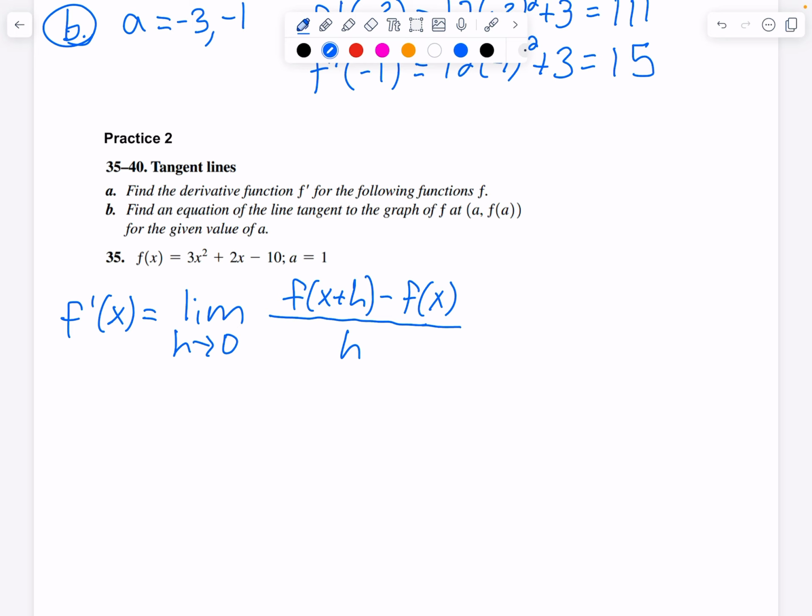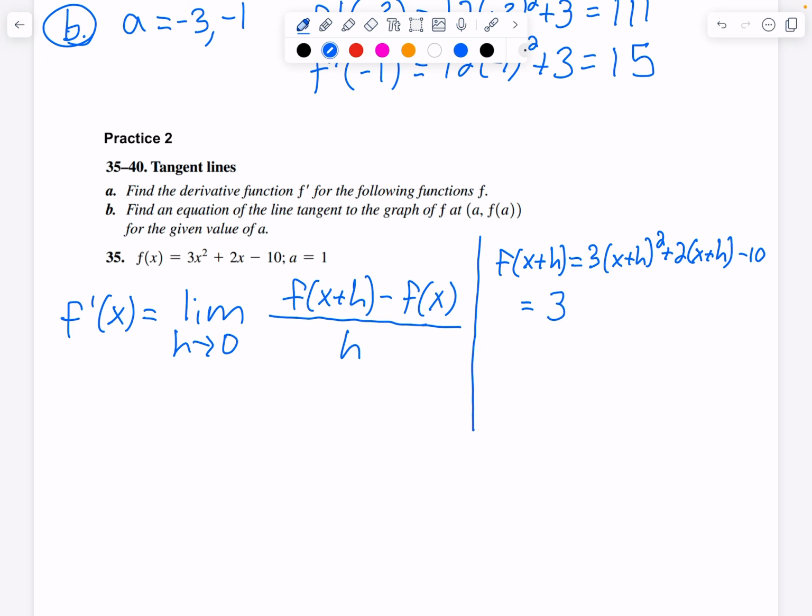Right, so I'm going to use the right side of this to figure this out because these are polynomials, so they take a moment. So f of x plus h is equal to 3 times (x plus h) squared plus 2 times (x plus h) minus 10. I'm going to do the square first just to save some time in the video, since I did the cubic earlier.